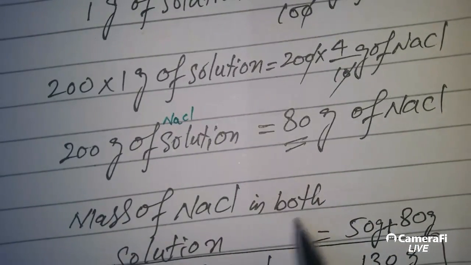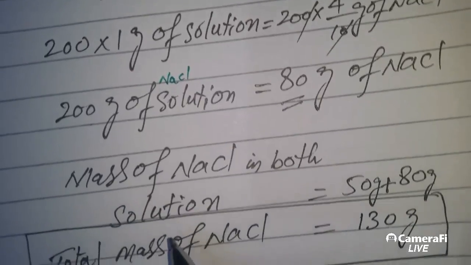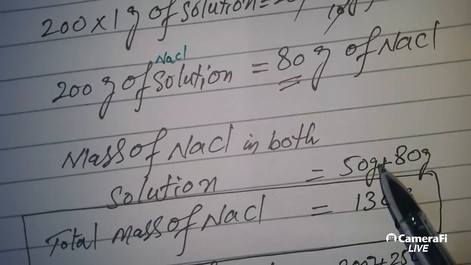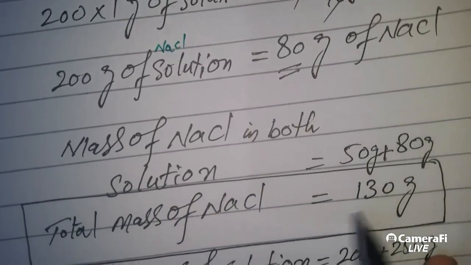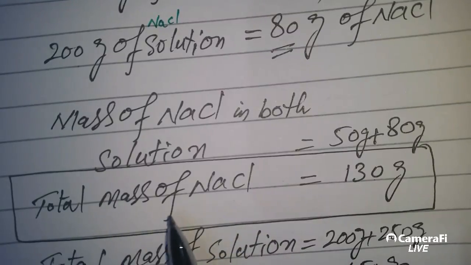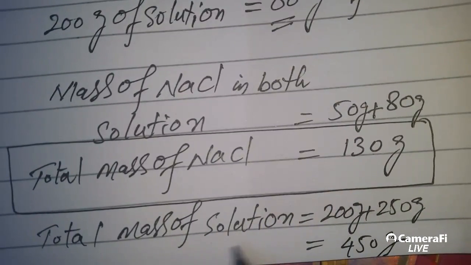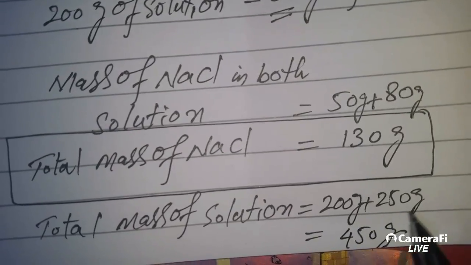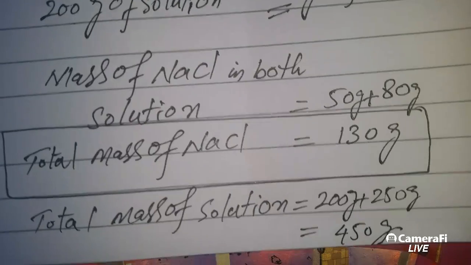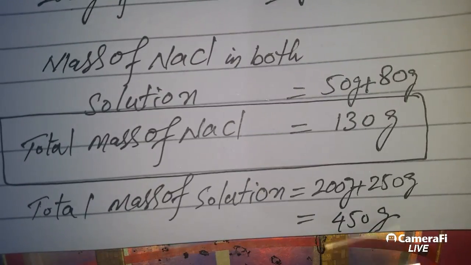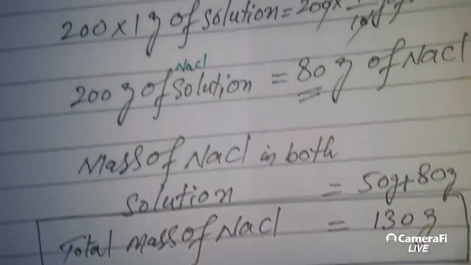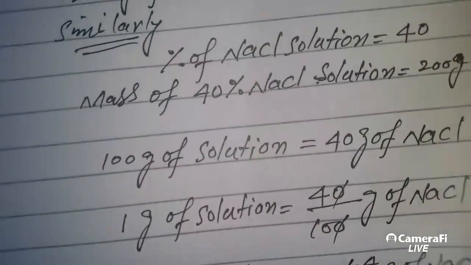So mass of NaCl in both solutions, we will just add the numbers, 50 grams and 80 grams, 130 grams. So total mass of NaCl is 130 grams. Total mass of solution is 200 grams plus 250 grams, which is equal to 450 grams. Let's move to the other side.